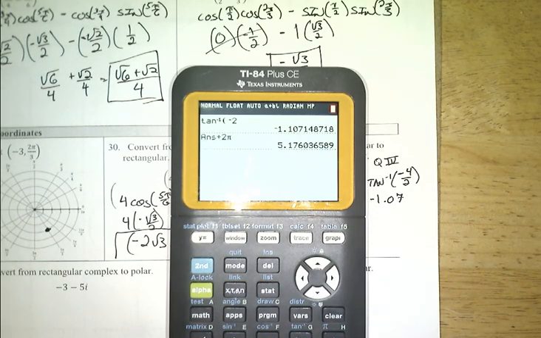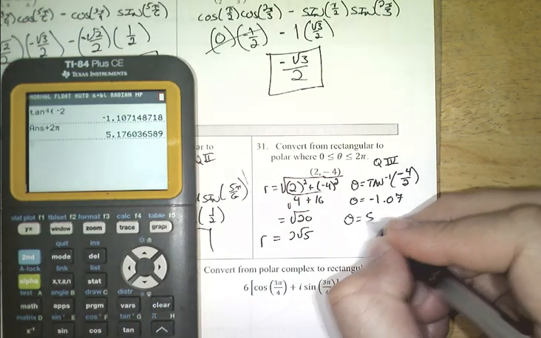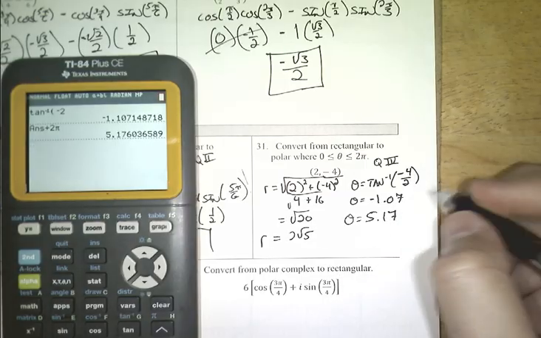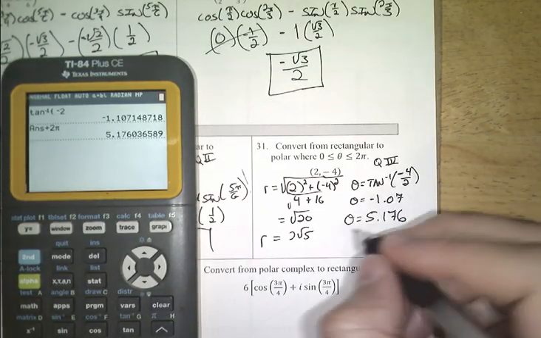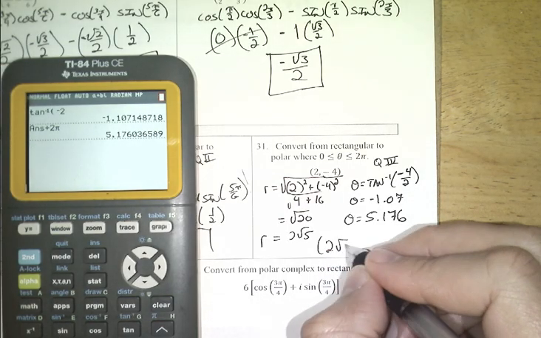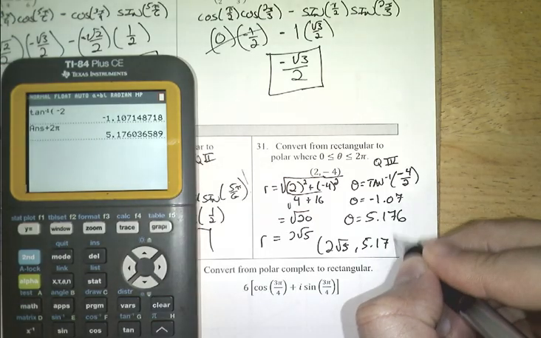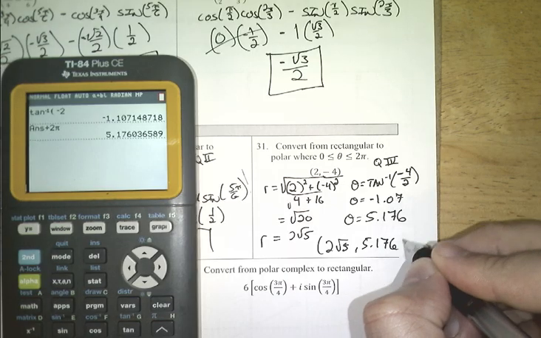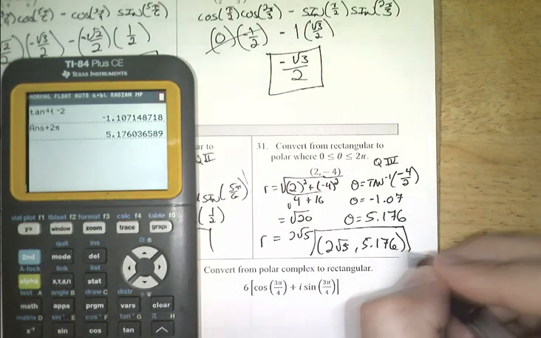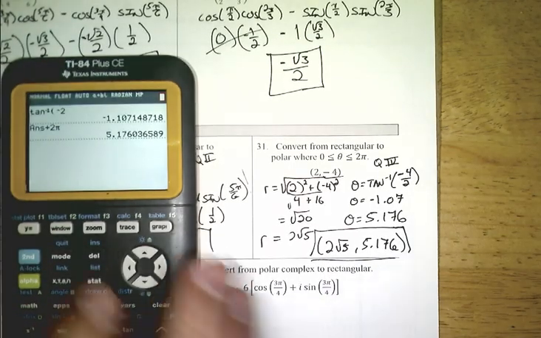We're going to add 2 pi to it to get theta is 5.176. So there's my r and theta. My point is going to be 2 root 5, 5.176. Since this is a decimal, I'm pretty sure it'd be fine if you did this as a decimal approximation as well.